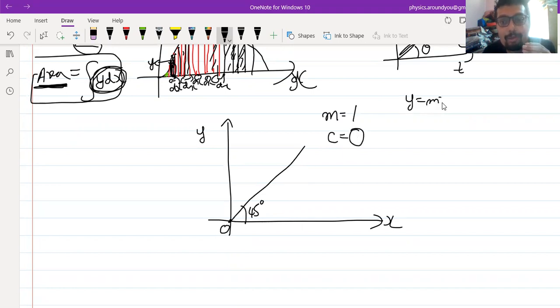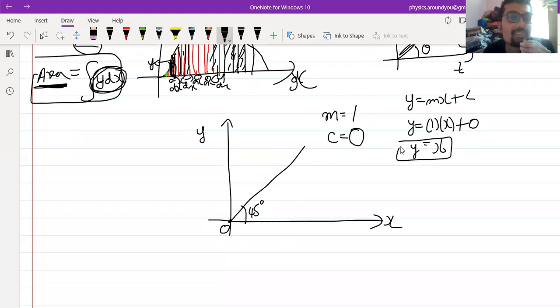So what is the equation? We know y is equal to mx plus c. So y is equal to 1 into x plus 0, so it is y is equal to x. The condition satisfied by all the points lying on the line is y is equal to x.